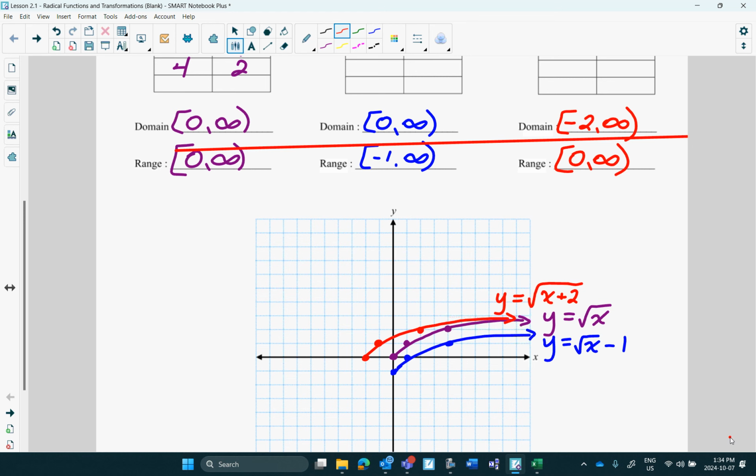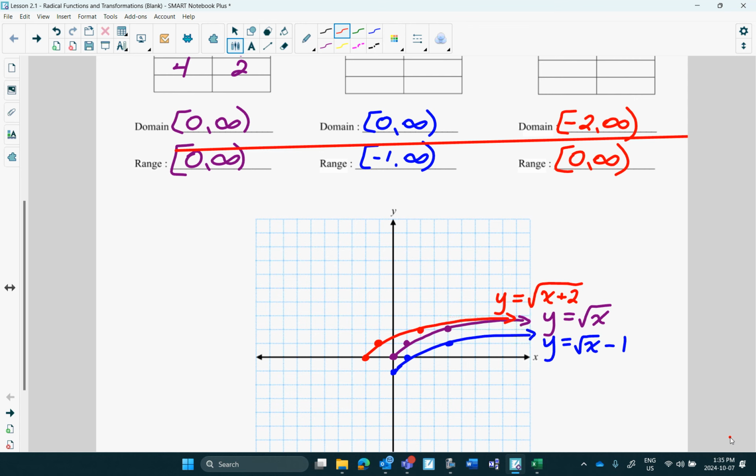So you can see how we can shift it around. And that's really just the main focus of this first lesson. It's just to show you what the basic one looks like, and to use our previous knowledge to graph transformations of this y equals root x.